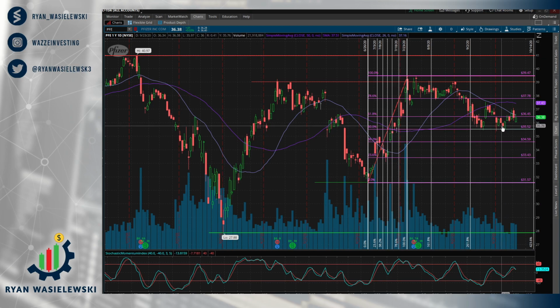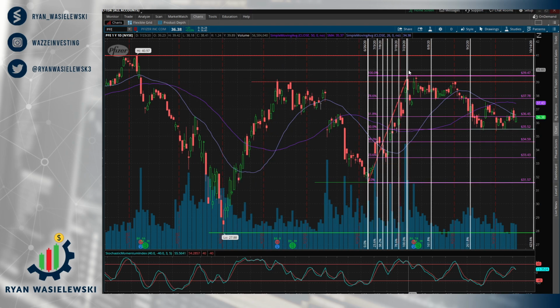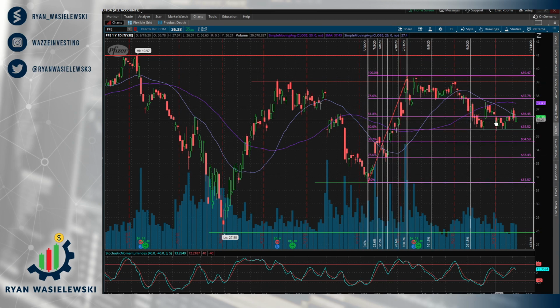If you currently have Pfizer, I think it's a good opportunity to stay in, at least for the short term. If you want to play the swings, look out for this October the 14th date. Potentially you could sell, and then if it dips, that's a potential buy-back area, and buying back your shares at a lower price would be a great opportunity, because obviously the stock goes through these cycles where the price is rising and then falling quite often.